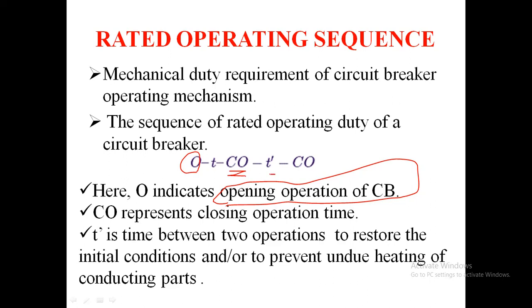T dash represents the time between two operations to restore the initial condition or to prevent heating of the conducting parts. T represents 3 minutes, for a circuit breaker not to be used for rapid auto reclosure.